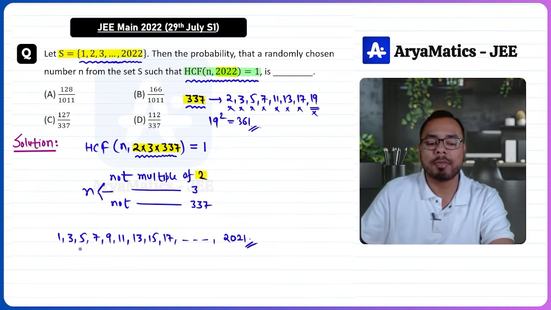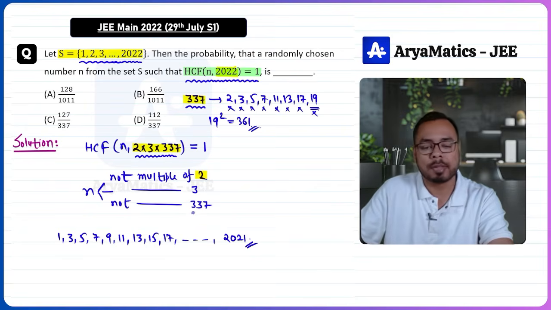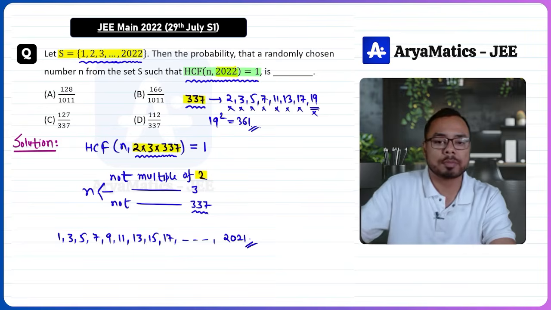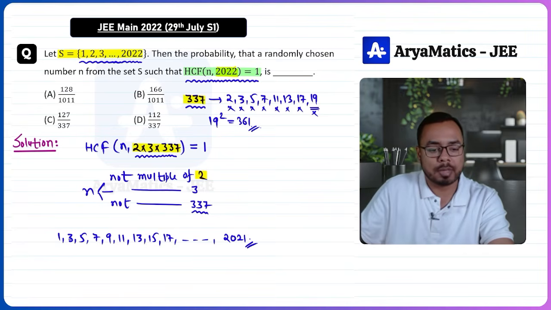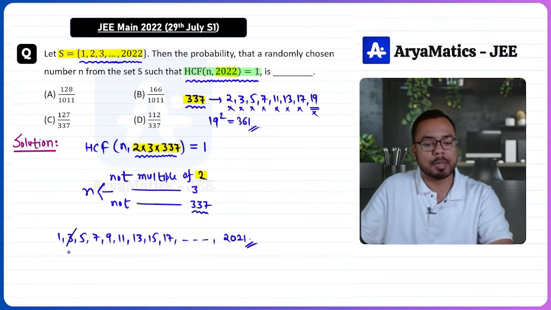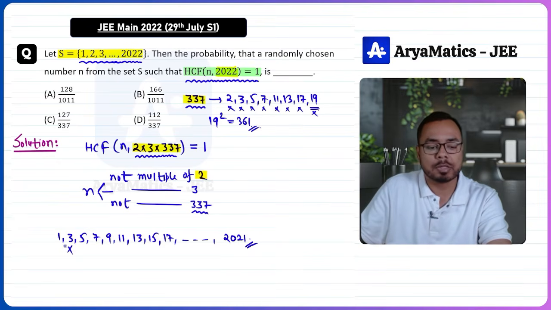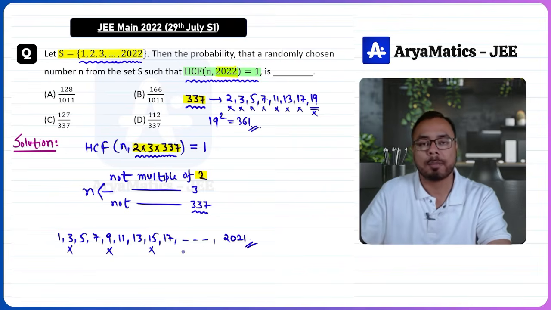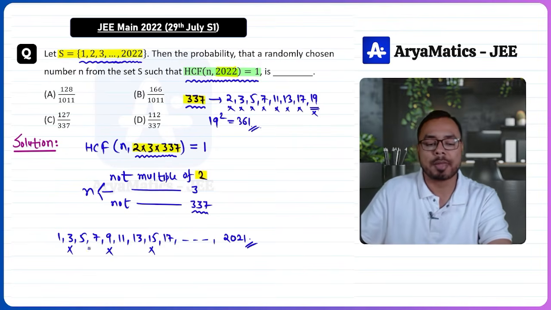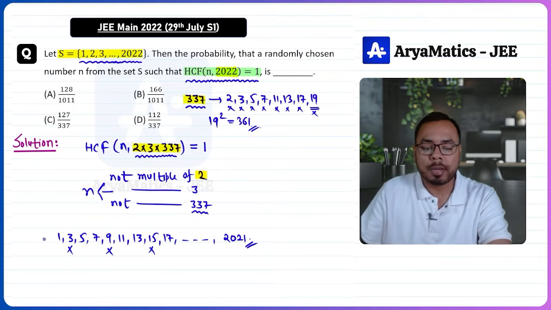And from here we have to remove multiples of 3, and we also need to remove multiples of 337. If I remove multiples of 3, you cannot take n as 3, because then the HCF will not be 1. It cannot be 9, it cannot be 15, and so on. There is one interesting method of finding how many terms are multiples of 3.